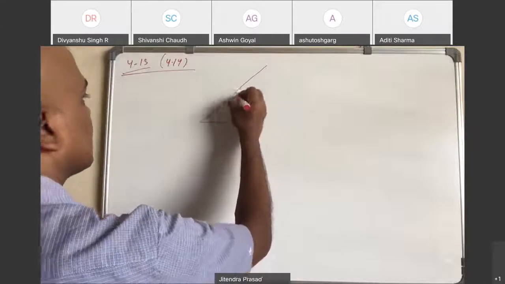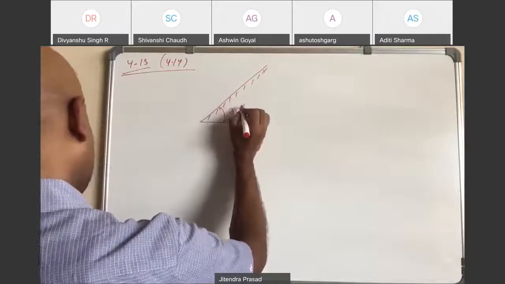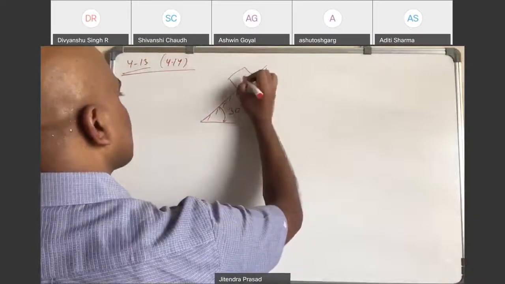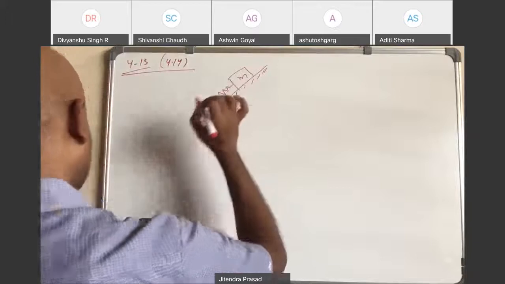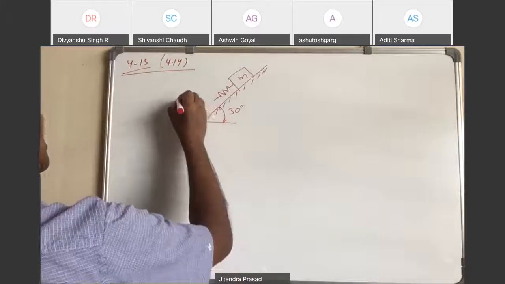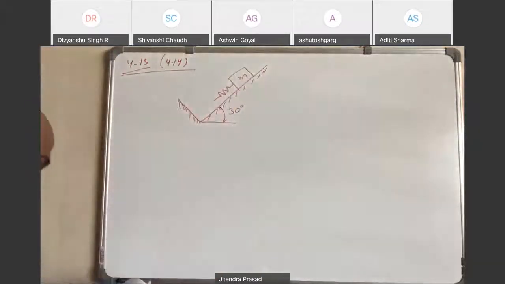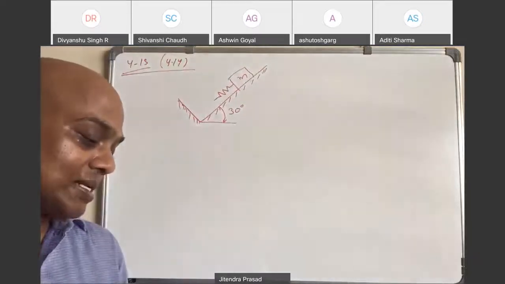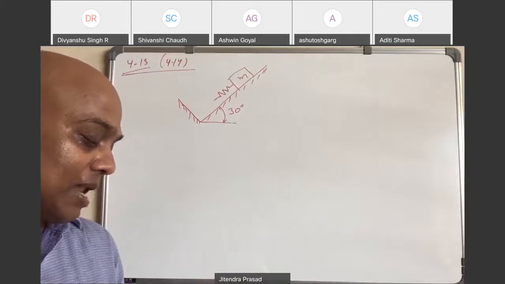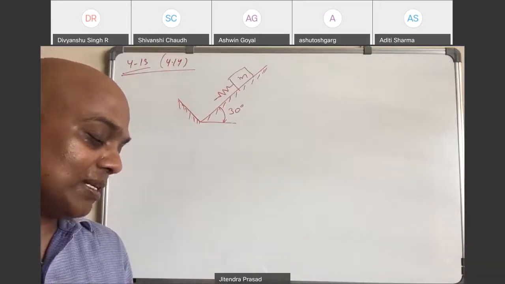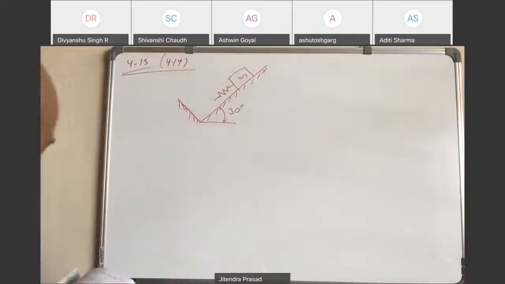There is a 30 degree incline here, and there is a mass m like this, which is sliding. It says: a spring mass system slides down a smooth 30-degree inclined plane as shown in the figure. Determine the time elapsed from first contact of the spring until it breaks contact again.